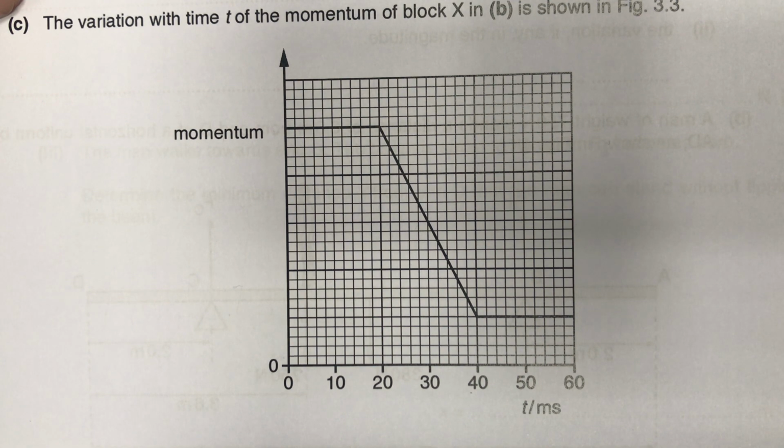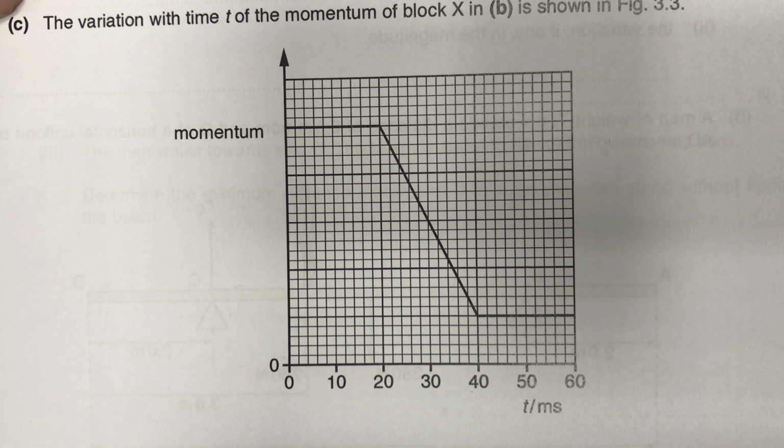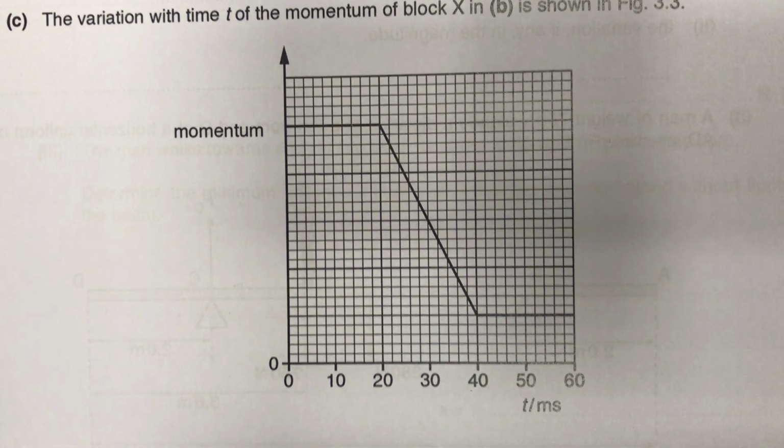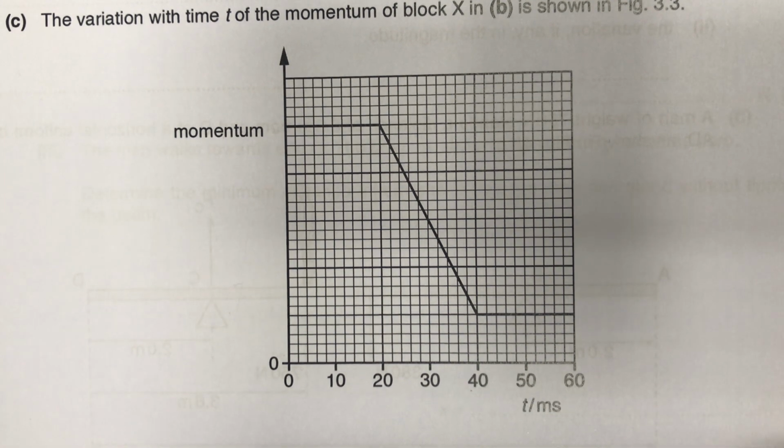Describe quantitatively the magnitude and direction of the resultant force, if any, acting on block X in the time interval t from 0 to 20 milliseconds. As we know, the momentum is related to the force.